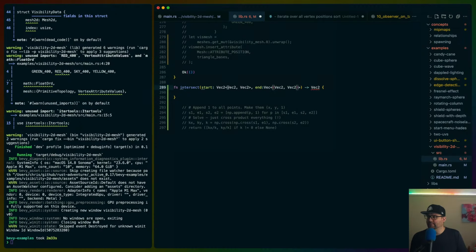We have lines. So we don't need these to be vec2s per se. Or vecs or whatever. These are just tuples of vec2s.